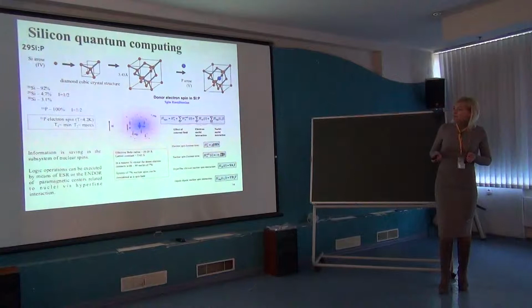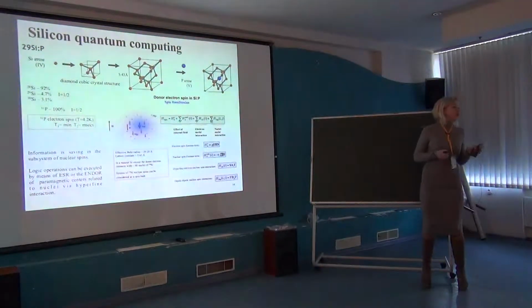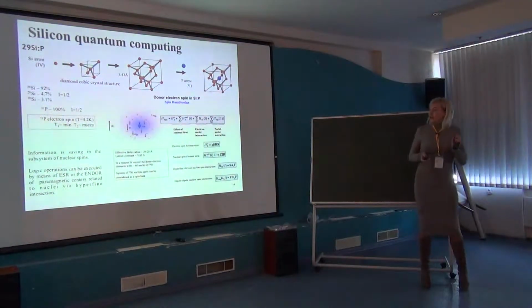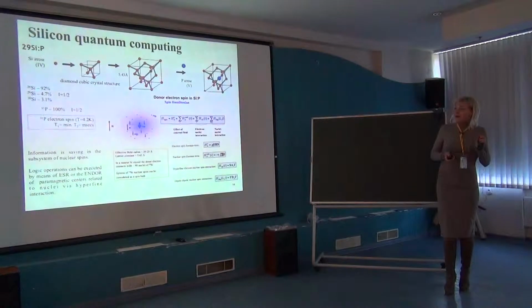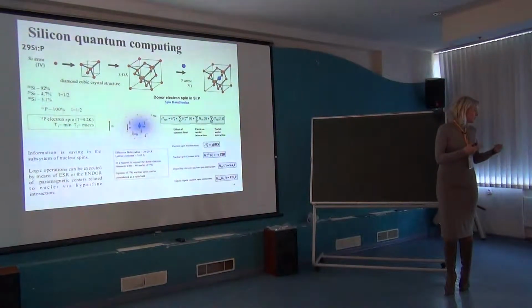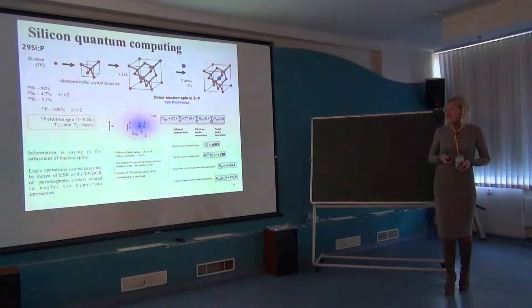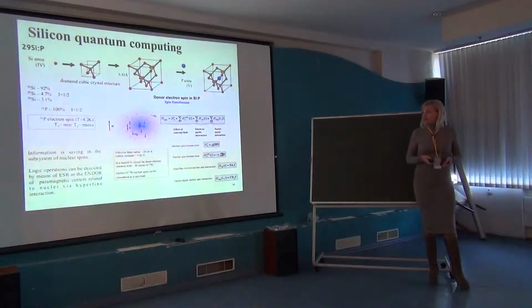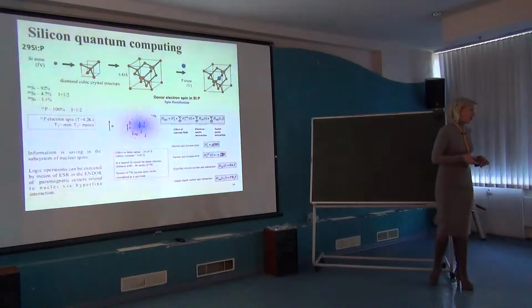So information is saved in the subsystem of nuclear spin of silicon-29, and logic operations can be executed by means of ESR or double nuclear magnetic resonance of paramagnetic centers, related to the nuclear spins via hyperfine interaction.